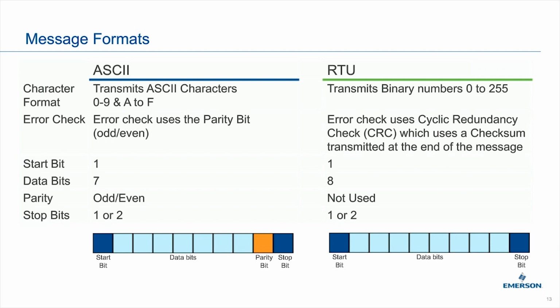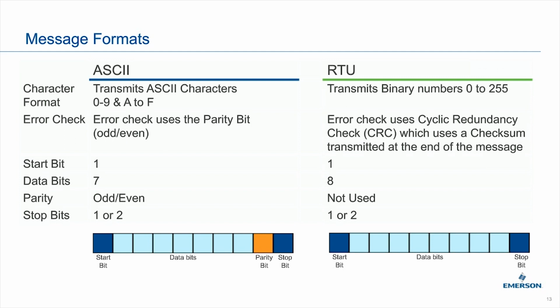It uses a parity bit at the end to do an odd-even error check. It uses 1 start bit, 7 data bits, odd or even parity, and we can have 1 or 2 stop bits to say this is the end of the message.